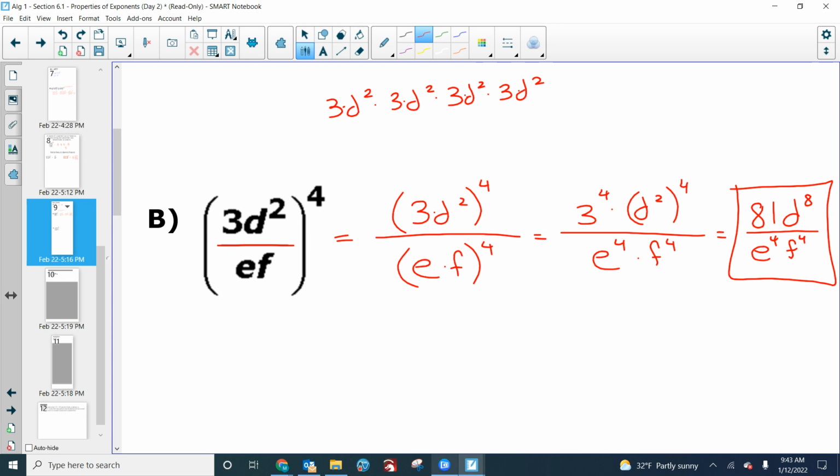But didn't you say that we had to do the 2 times 4 to get rid of that? Because you said up here the power of a power property. He's talking about multiplying the 2 and the 4. We did.